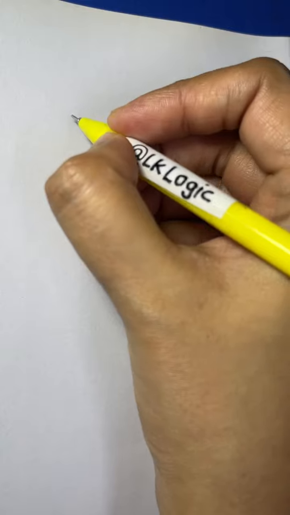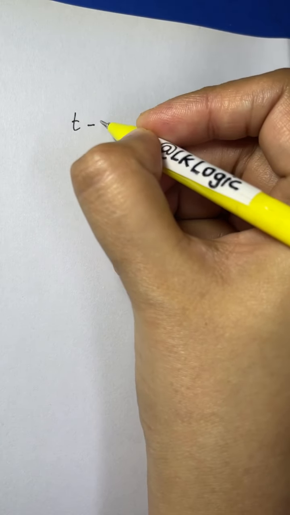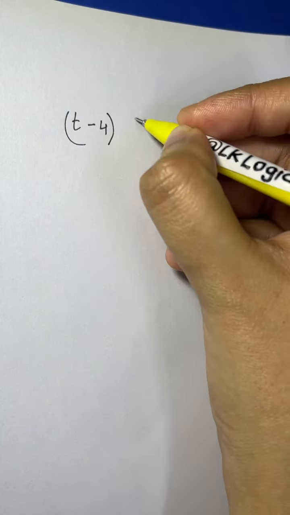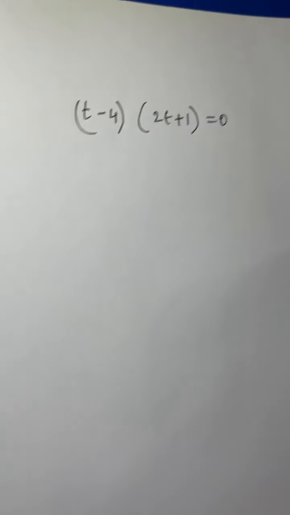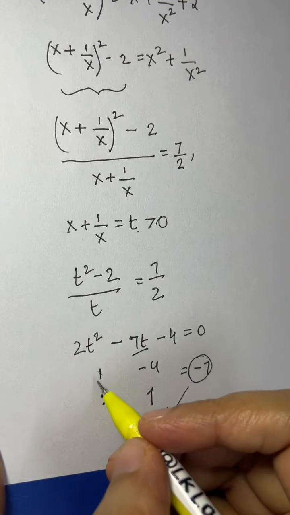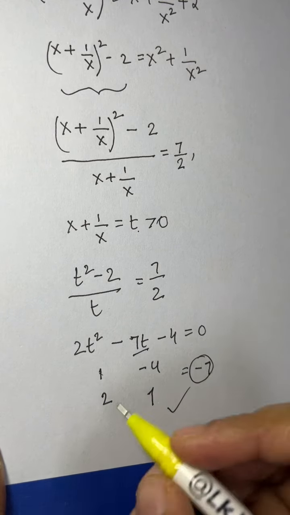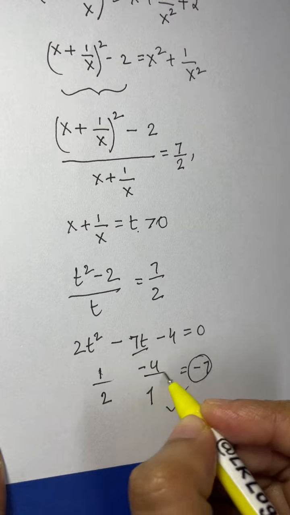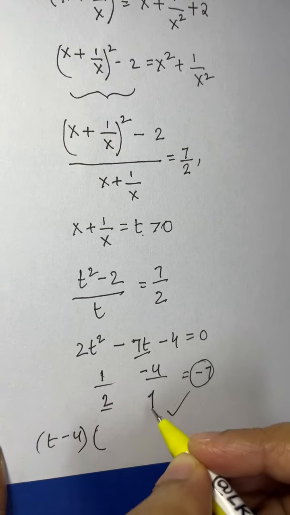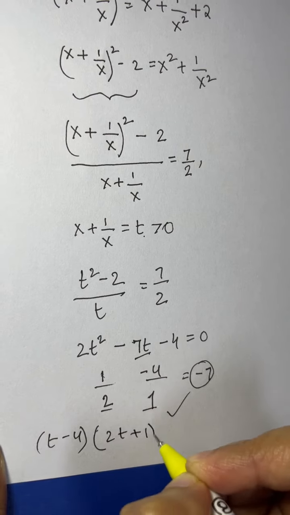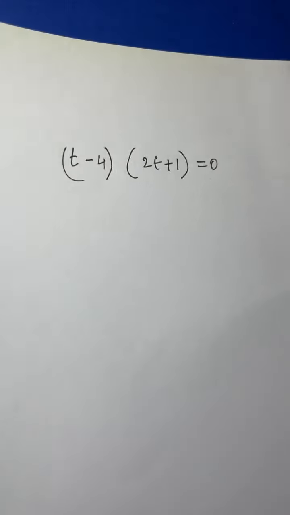I'm going to write that here. t minus 4 and 2t plus 1 equals 0. That's what we got from here. The first one, t minus 4 into 2t plus 1 equals 0. Those are the two factors we've got.